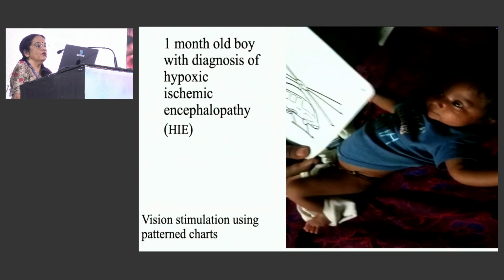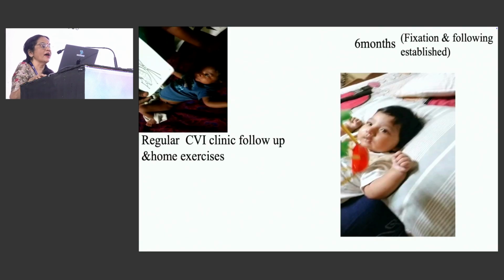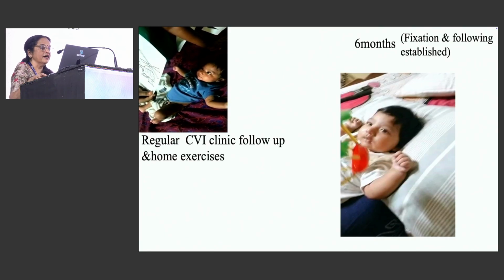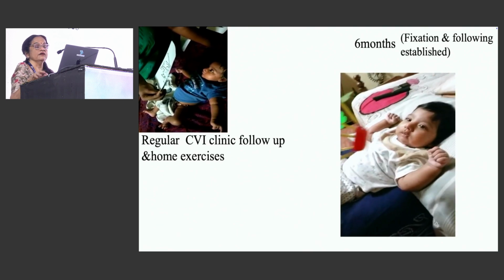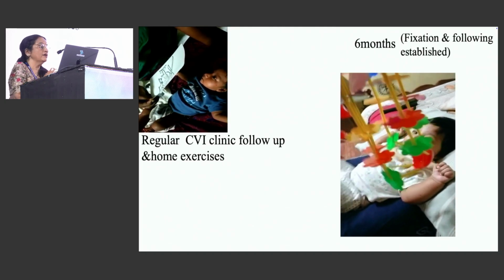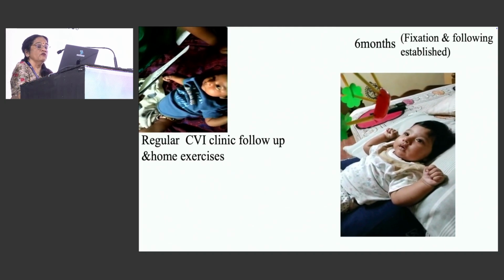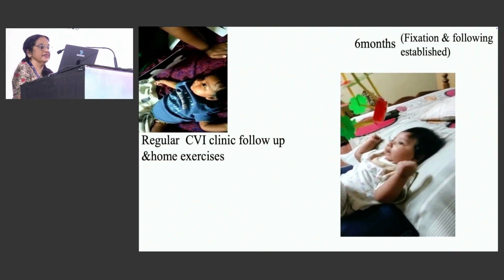This 1-month-old boy with a diagnosis of hypoxic ischemic encephalopathy was picked up in our NICU. They started vision stimulation activities with patterned cards very early, and fixation activities started within 6 months.